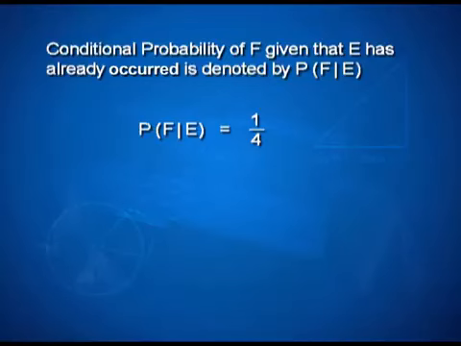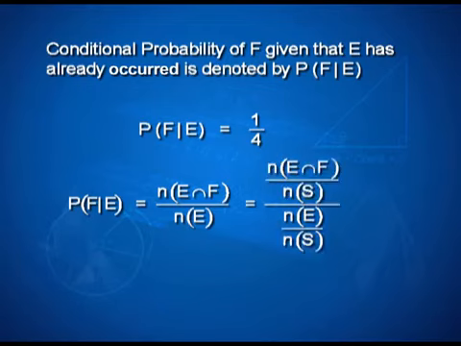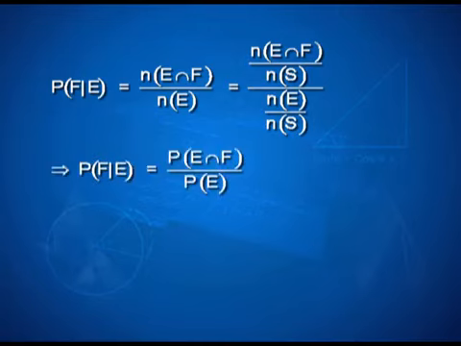So, let us see if there is a relation that can be derived from here. I can rewrite the probability of F given that E has happened as the number of elements in E intersection F divided by the number of elements in the set E. Dividing both the numerator and denominator by the total number of elements in the sample space, I get the numerator as the probability of E intersection F, that is the probability of E and F happening together, divided by the probability of E. And this gives us a formula for finding the probability of F given that E has occurred.